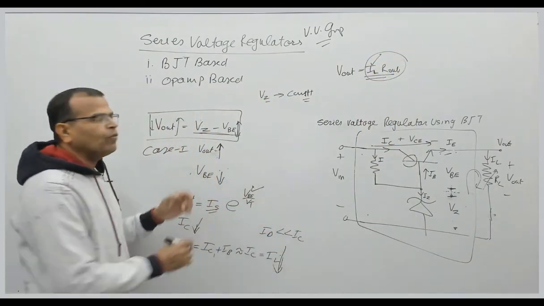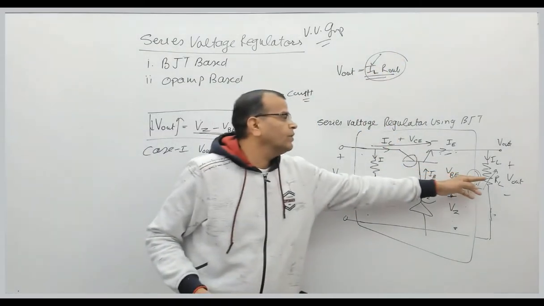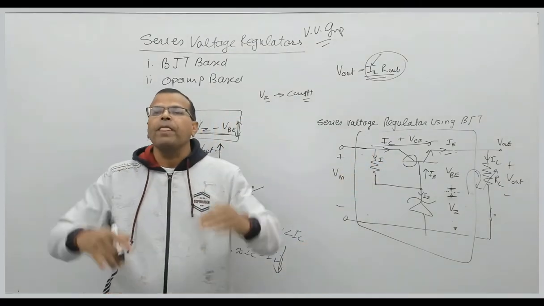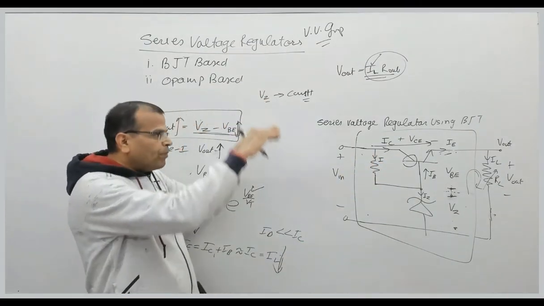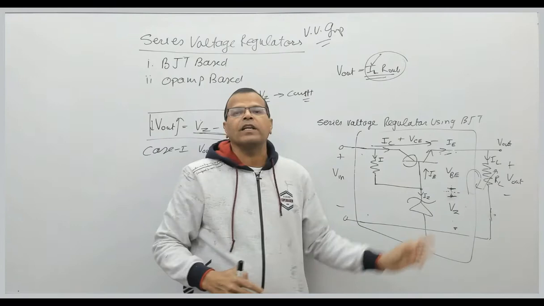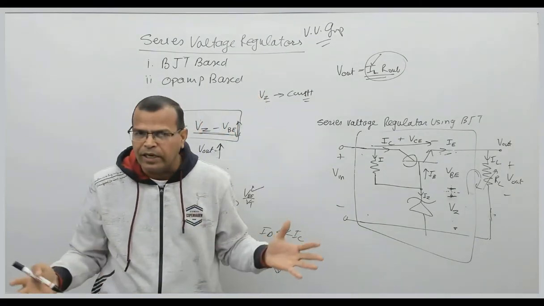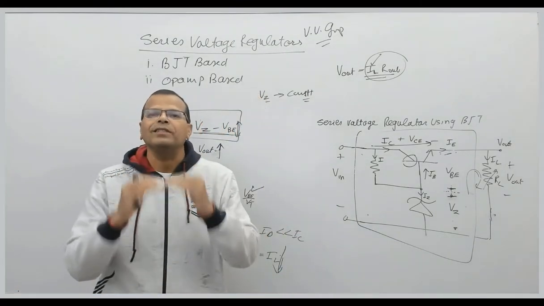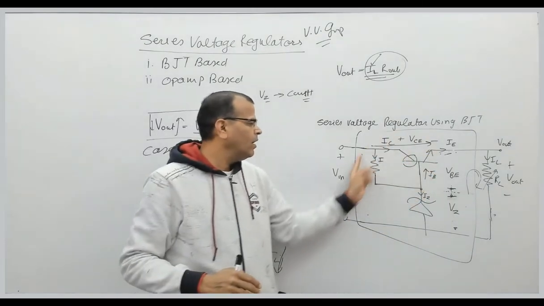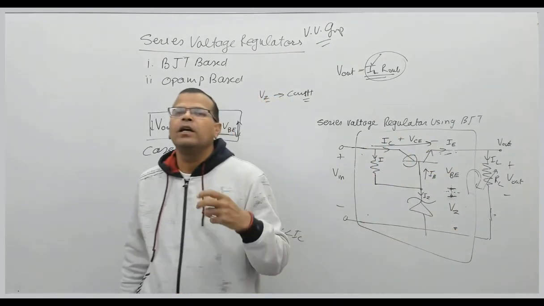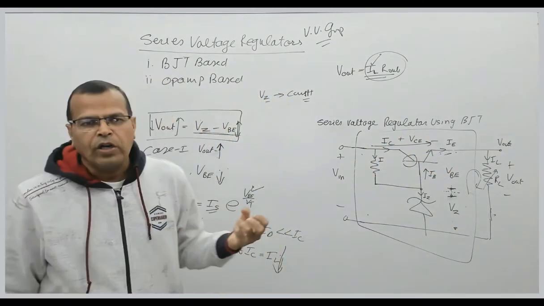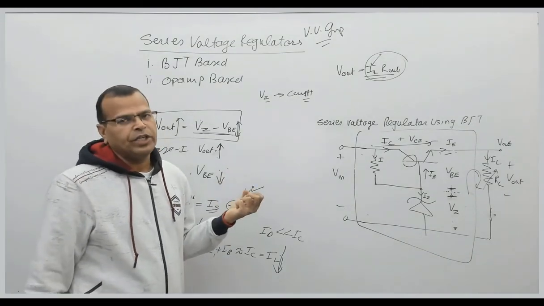It means the output voltage which increased, maybe because of a change in load resistance or input supply, will be brought down by this circuit and maintained at a constant level. So the output voltage is maintained at a constant level by this circuit, that is your series voltage regulator.